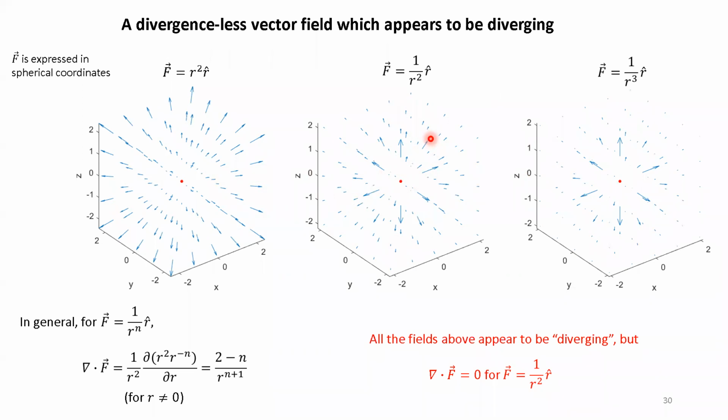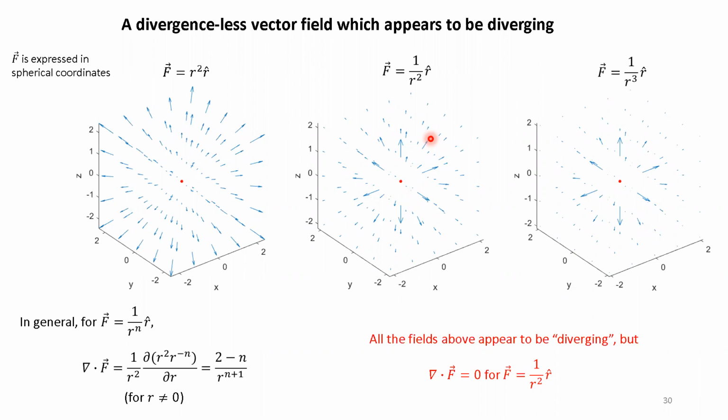So how do we make sense of it? That goes back to the original definition of divergence. So how was this divergence defined?